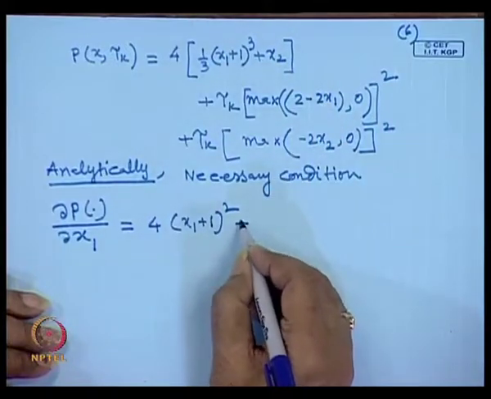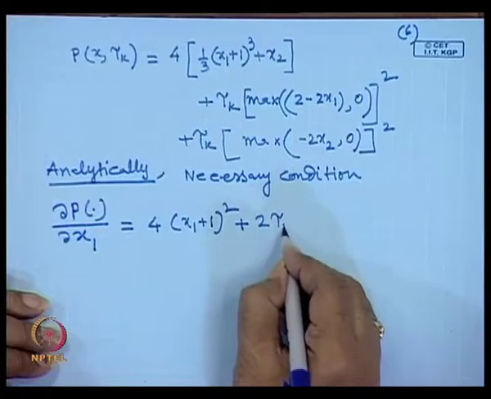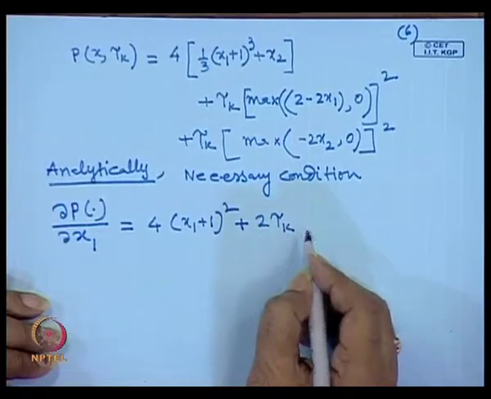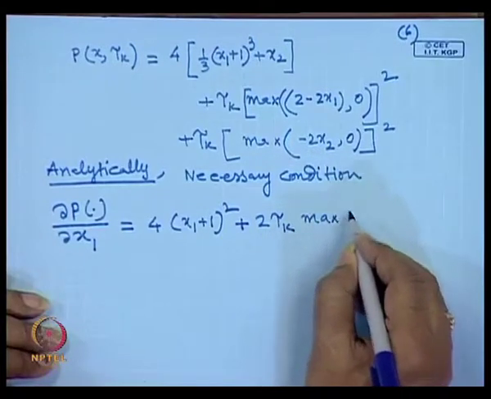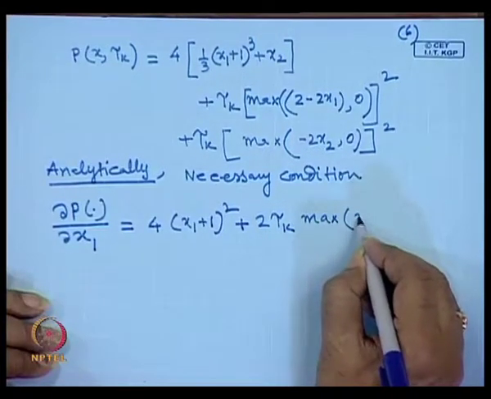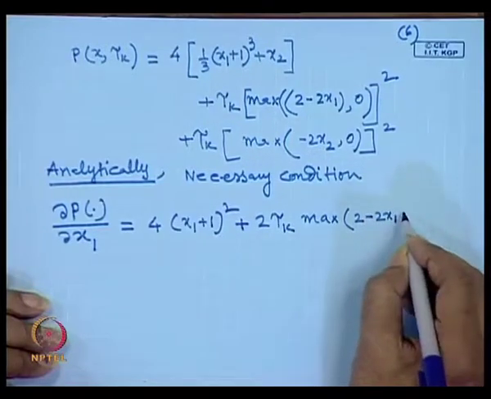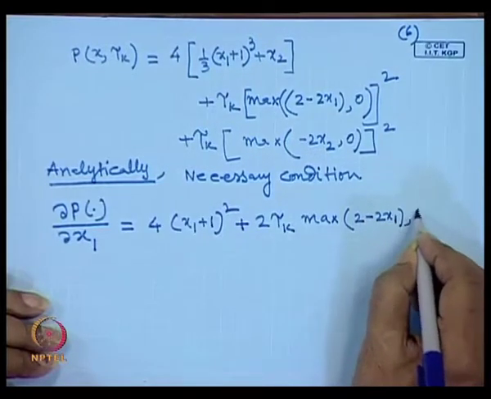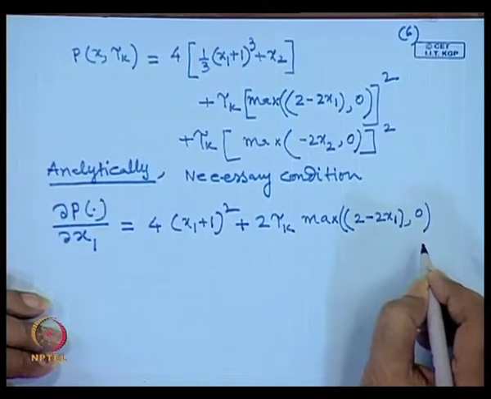The second term will come twice, tau k is constant, agree, then max(2 minus 2 x 1, 0), this one, agree.